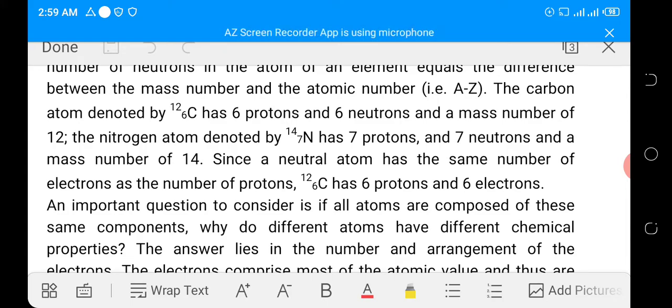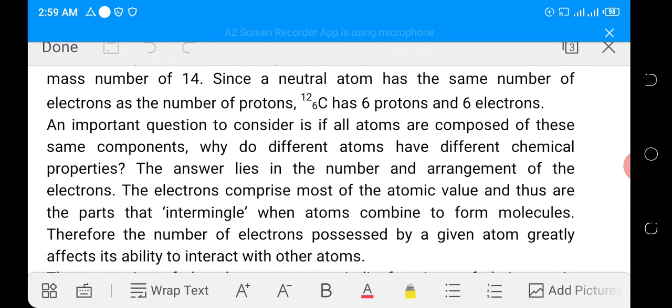Since a neutral atom has the same number of electrons as the number of protons, therefore carbon 12 (6) has 6 protons, 6 electrons, and 6 neutrons. An important question to ask is, if all atoms are composed of these same components, why do different atoms have different chemical properties?